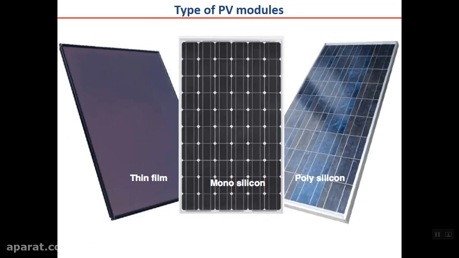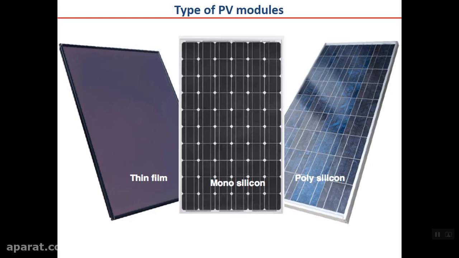We discussed different types of modules and showed that the two main types of modules in the market are thin film and silicon cells. Silicon cells by themselves can be classified into mono and polysilicon, or mono and multicrystalline, and thin film.